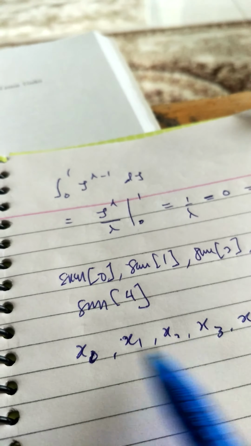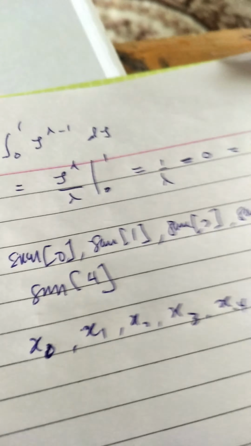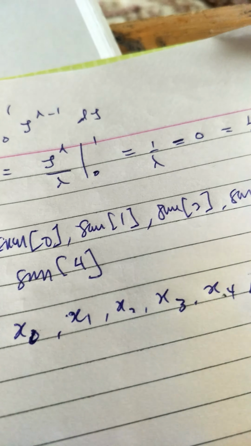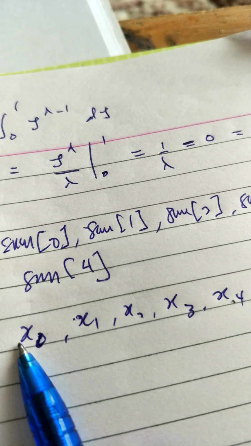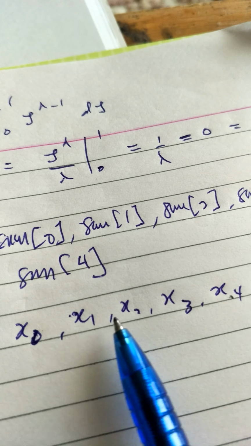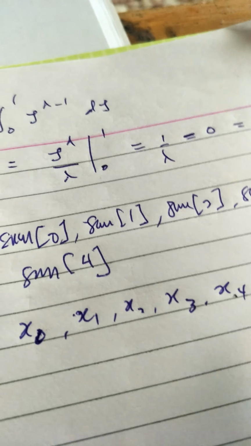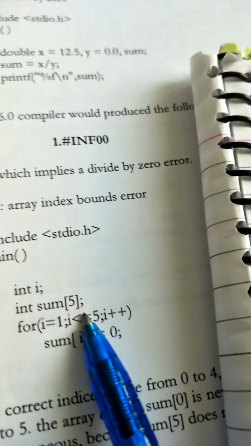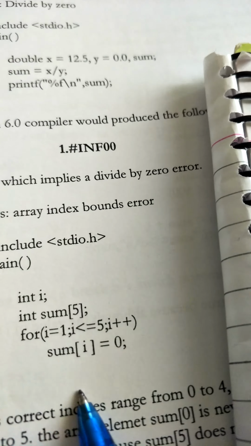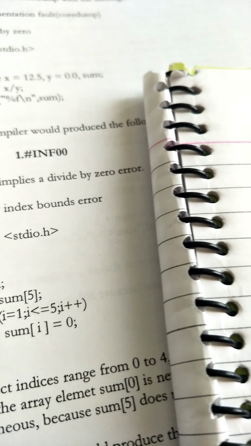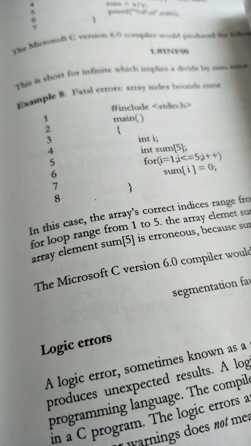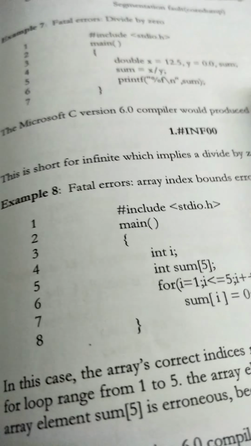All of this we call variable x. When we declare, we just declare x with those subscripts from 0 to 4. So 5 is not in the declaration part. That's the runtime error.